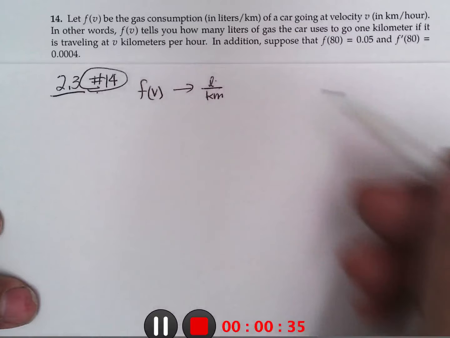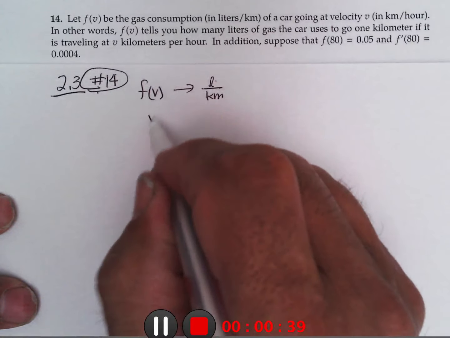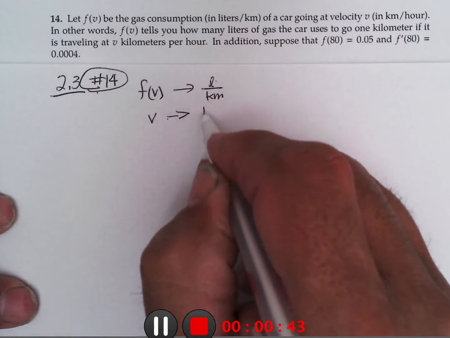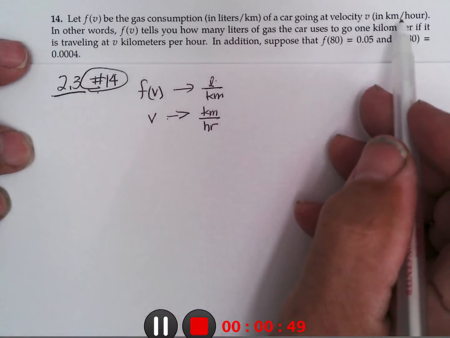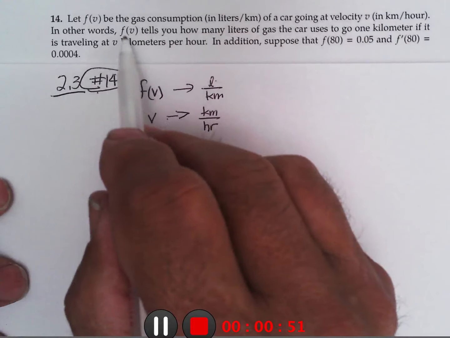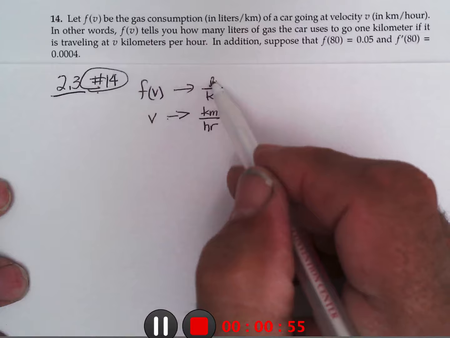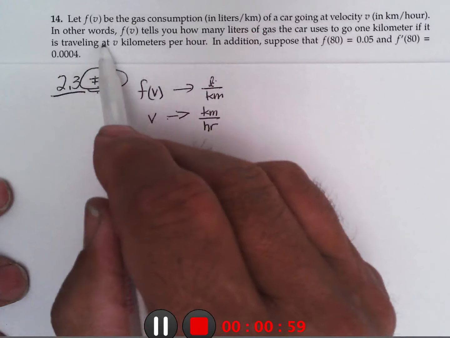And velocity is in units of kilometers per hour. In other words, this tells you how many liters of gas it uses to go 1 kilometer if it is traveling at V kilometers per hour.